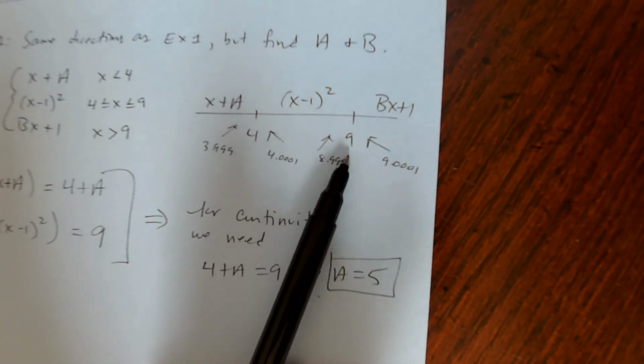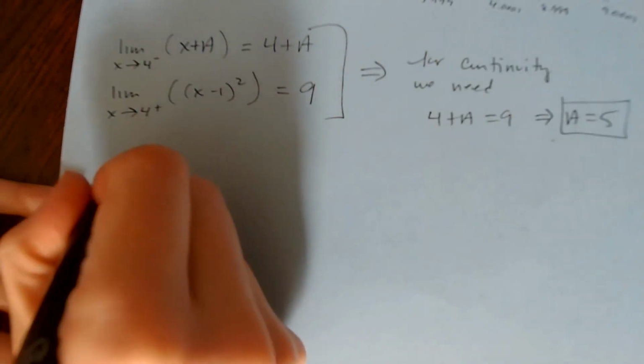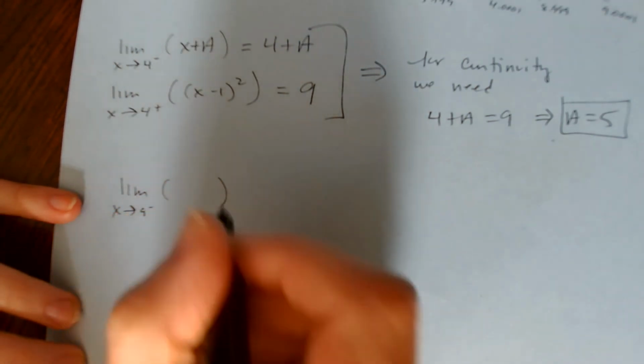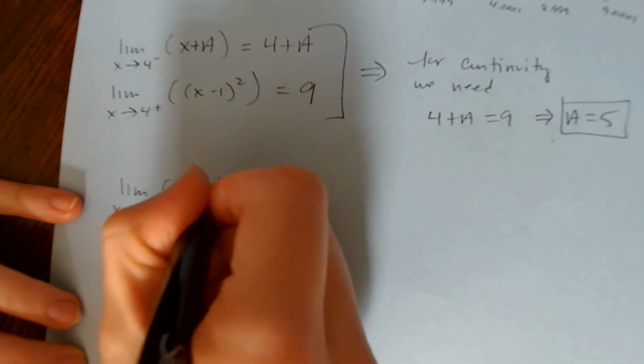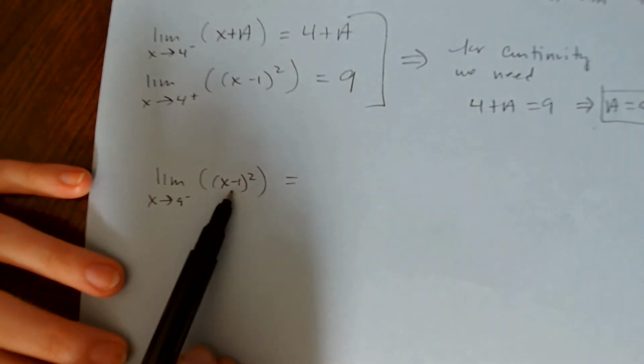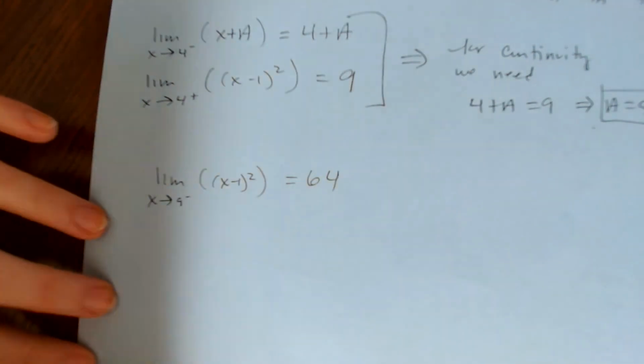Now let's use this endpoint. We've got to approach 9 from the left and from the right and do the limit. So the limit as x approaches 9 from the left: we're going to use that piece. So about 9 minus 1 is about 8. About 8 squared is about 64, and we keep getting closer.